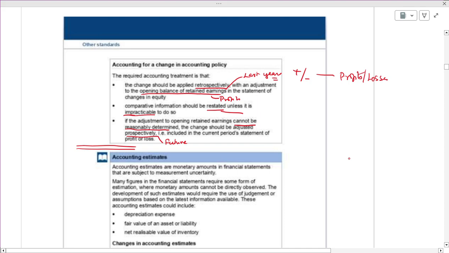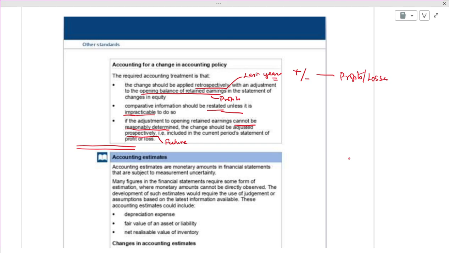Three things are there. First, you have to do from the opening balance, plus or minus. Fine. That is the first option. Second, comparatives: you have to show last year and this year, unless it is difficult.